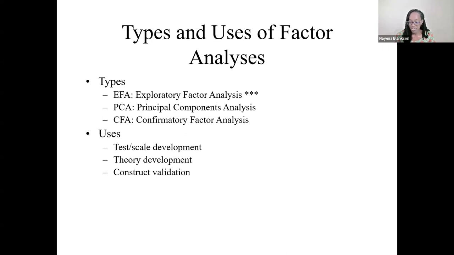Often, this uses the structural equation modeling framework. Principal components analysis is another method of reducing data. And then exploratory factor analysis is what the focus will be on for this session.